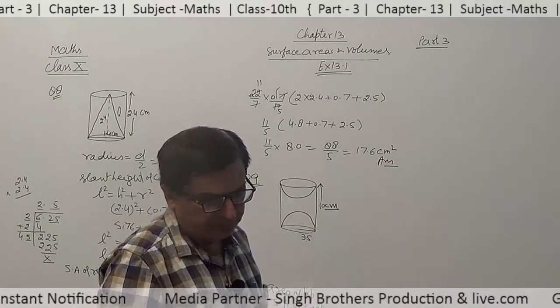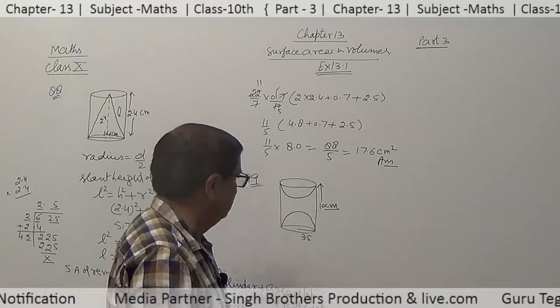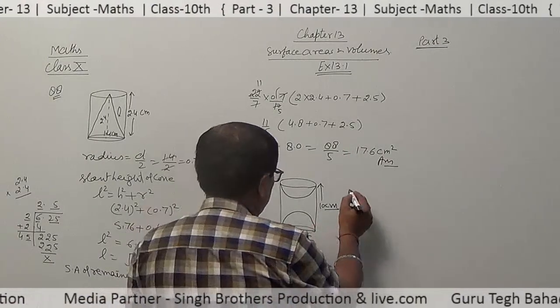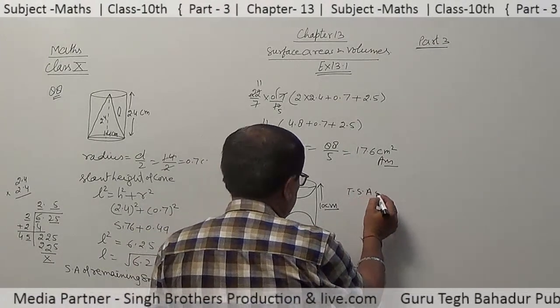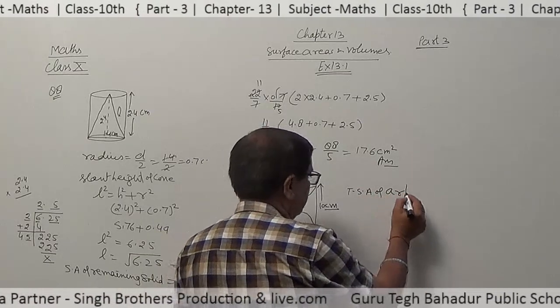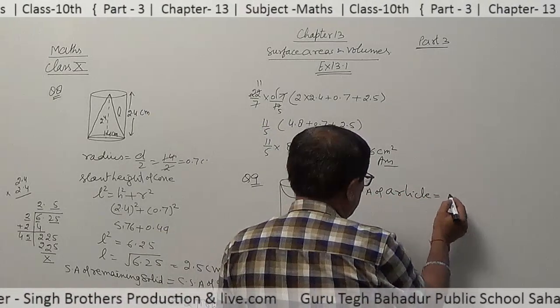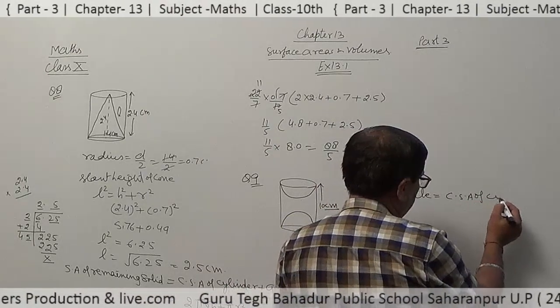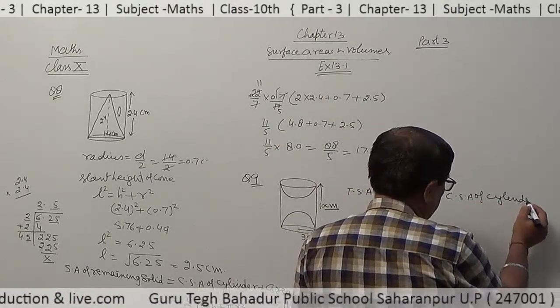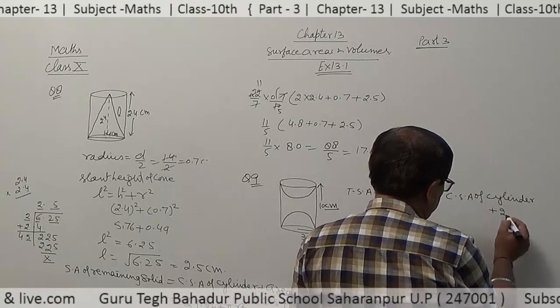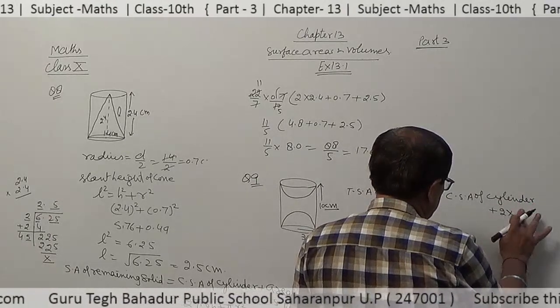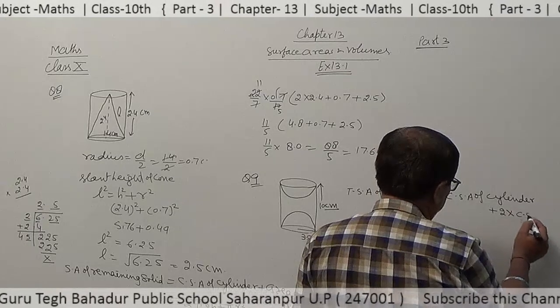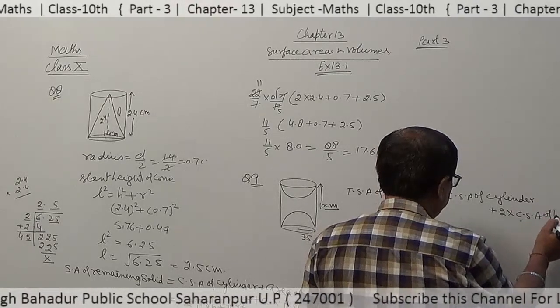It is a very simple question. So total surface area of article is equal to curved surface area of cylinder plus twice the curved surface area of hemisphere.